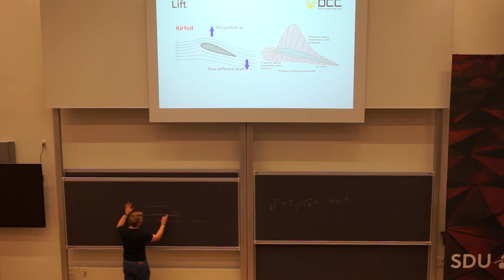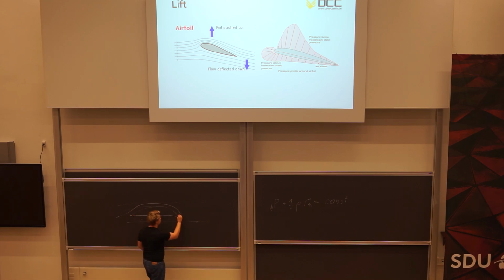If you have the two sides of the wing, this is called the leading edge, the front leading part of the wing, or of the airfoil, and then this part is the trailing edge. Now here you're going to have a lot larger of a distance that the molecules have to travel.